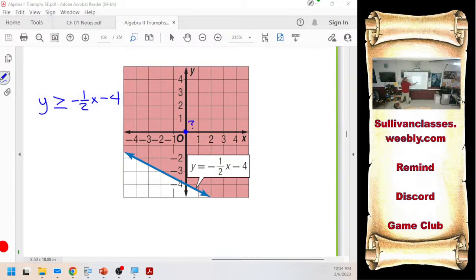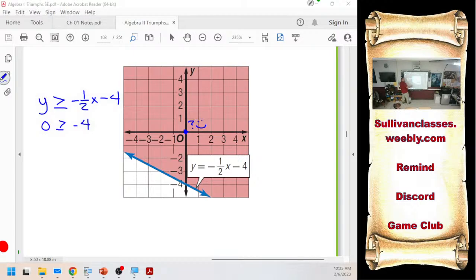And I'm going to ask, does it make this true or not? So if I put a 0 in here, I get 0. What's -1/2 times 0? Gone. So I just have the -4 there. And I ask myself, is this true? Is 0 greater than or equal to -4? Since this works, since this is part of my answer, that means everything on that side is my answer. So I shade that side. Easy peasy.